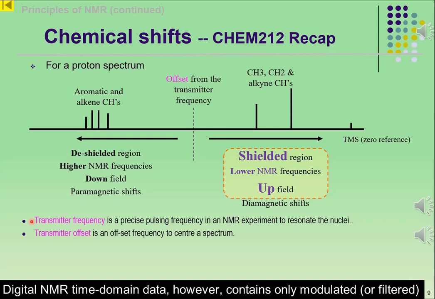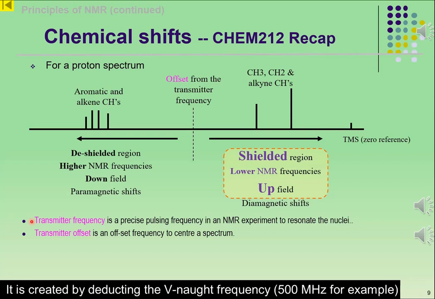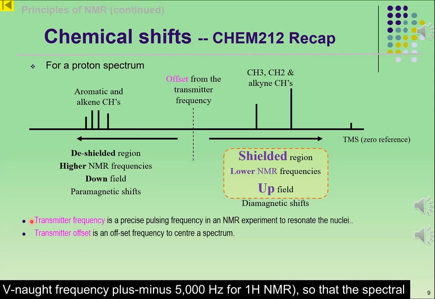Digital NMR time domain data, however, contains only modulated or filtered low-frequency digital signals, say, within 10,000 Hz for 1H NMR spectra. It is created by deducting the V0 frequency, 500 MHz for example, from the actual NMR frequency received, which is usually in the range of V0 frequency plus minus 5000 Hz for 1H NMR.